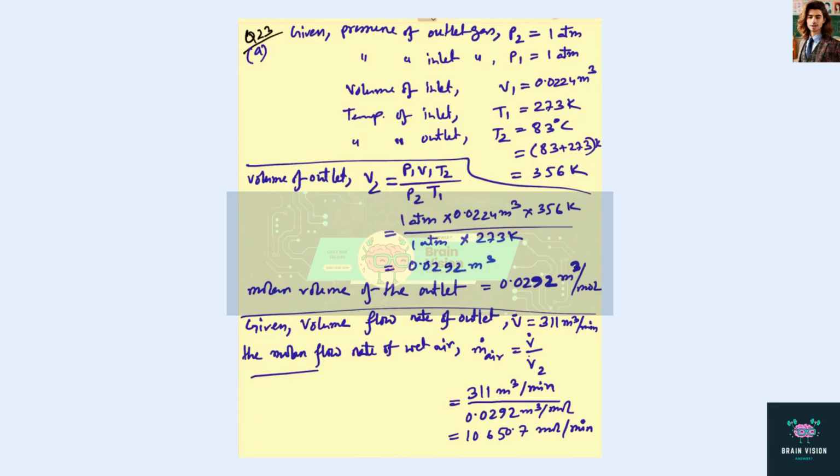Therefore, the molar flow rate of the wet air is 10,650.7 mole per minute.